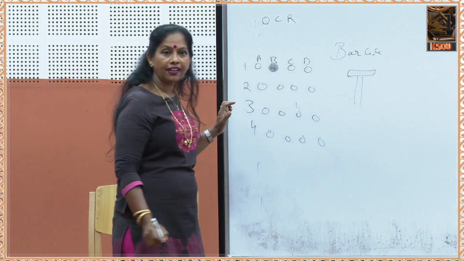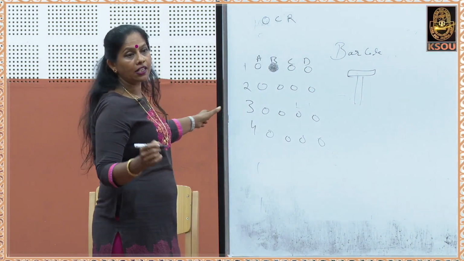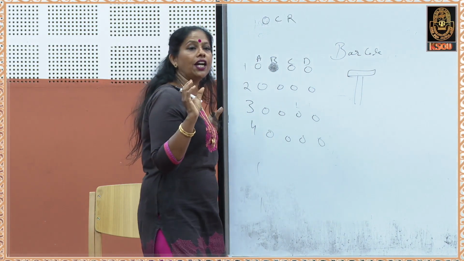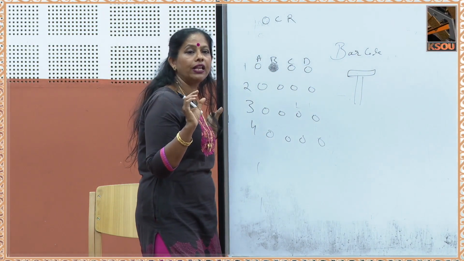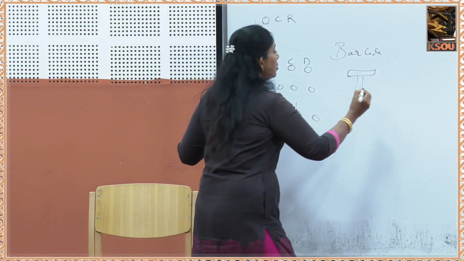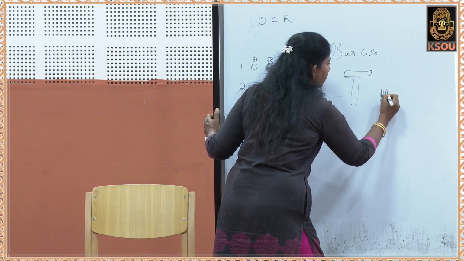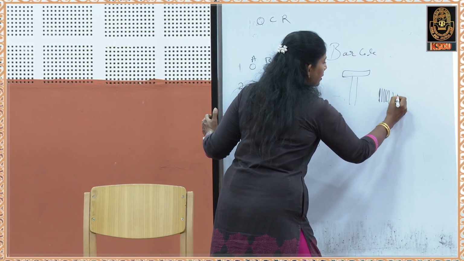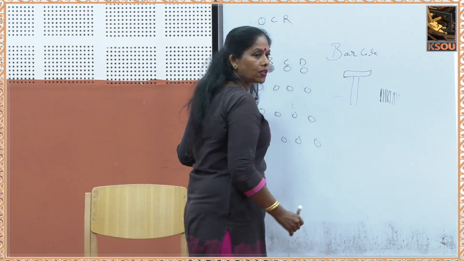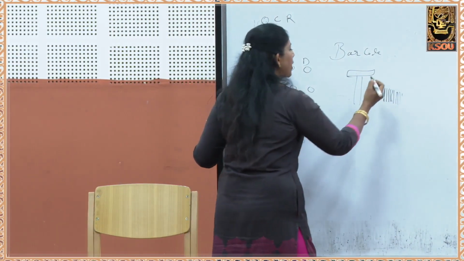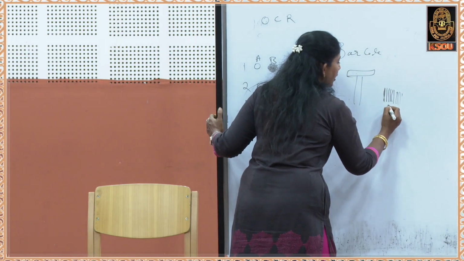This will scan. What does barcode mean? Each item you have purchased will have a sticker like this, with thin and thick black and white lines. Suppose your product is 35 rupees.